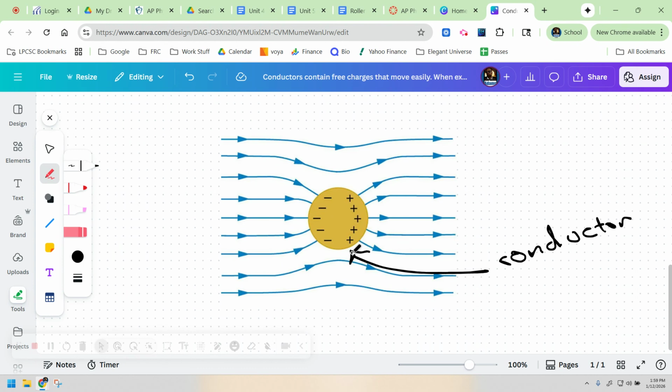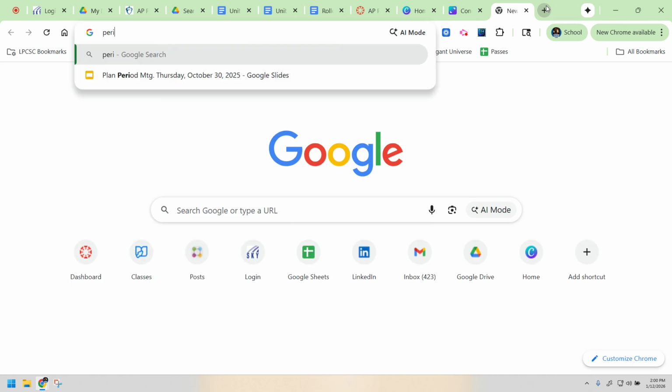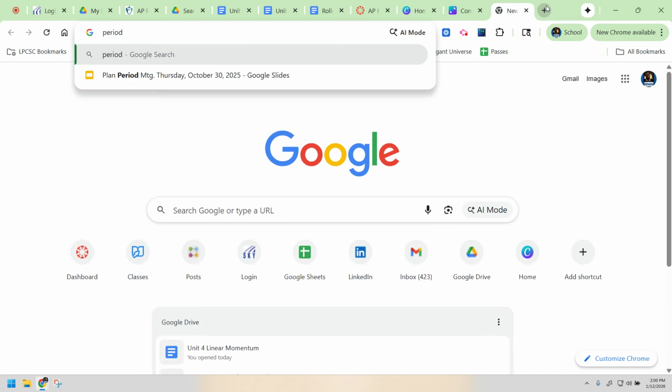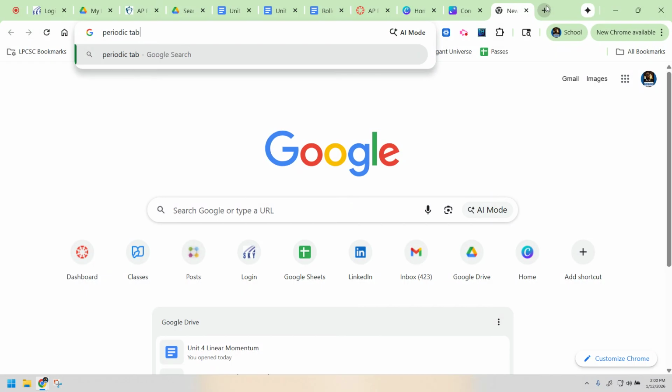So remember, this is what I'm talking about. If you think of an atom, a regular atom, it doesn't matter what the metal is, it could be copper, right? So, let's look this up real quick. Maybe this will help. Oh, great.